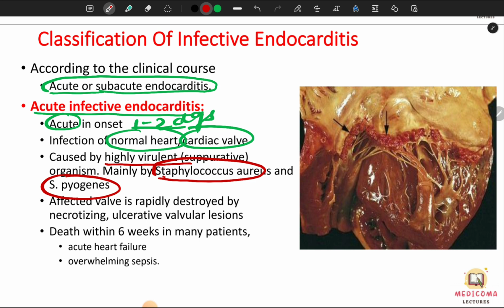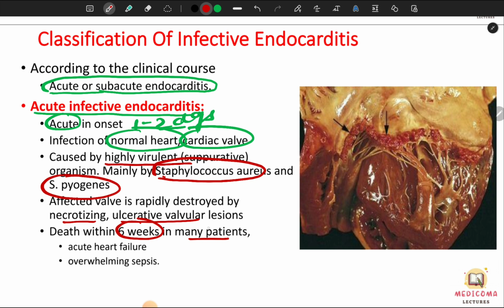The affected valve is rapidly destroyed by necrotizing ulcerative valvular lesions, with death within 6 weeks in many patients. That's why it's very virulent and acute, so it's very dangerous, and we should be concerned about the patient if they present with acute infective endocarditis.